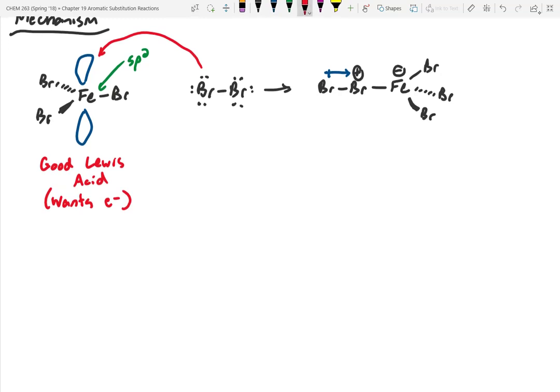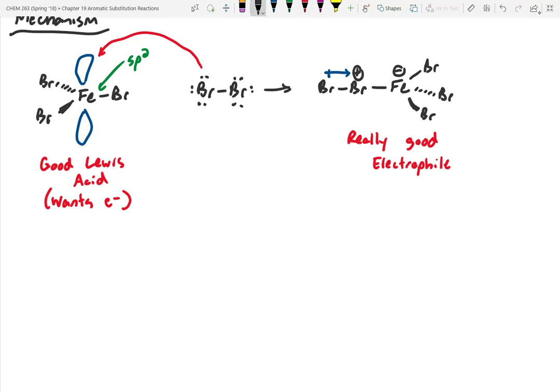Okay, at this point, this is our really, really good electrophile. Specifically the bromine, right? The bromine on the far left-hand side has a strong partial positive charge. It's not happy. It wants to essentially be kicked off somehow.